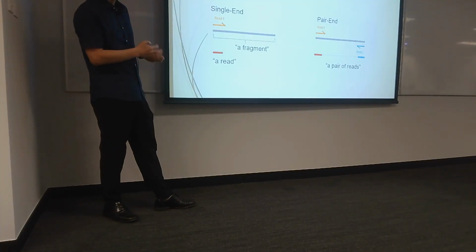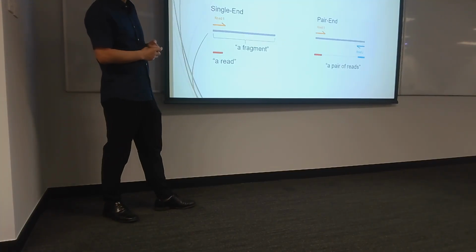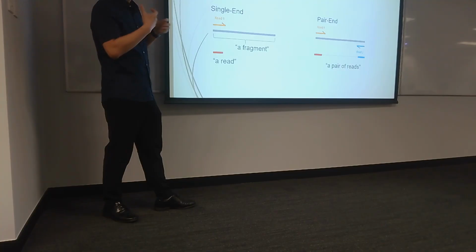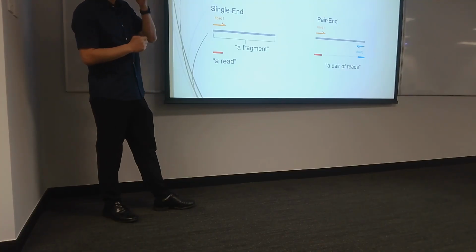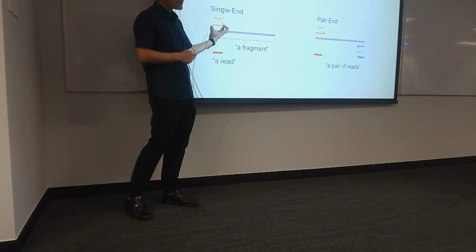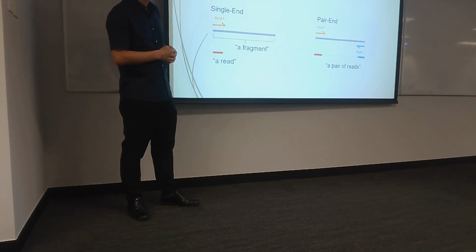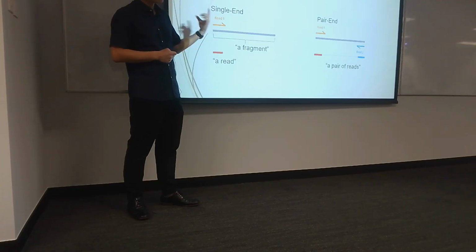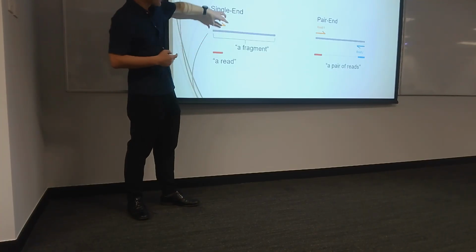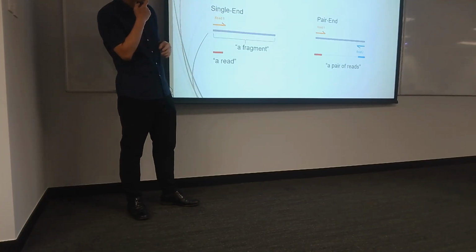So on average, it's 100 to 700 BP, right? When we are doing the sequencing, we know the sequencing reads usually have a fixed length. For a typical Illumina sequencer, the length of a read is about 100 BP. So 100 BP is for one read.